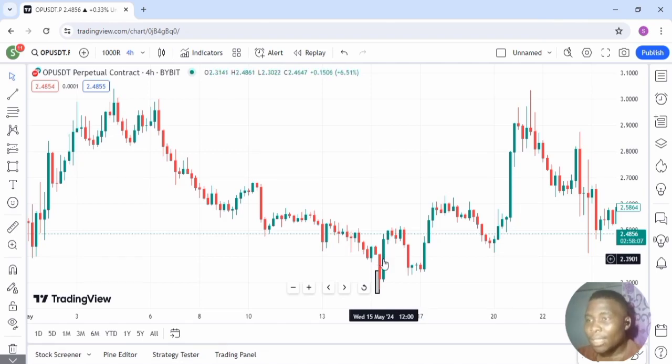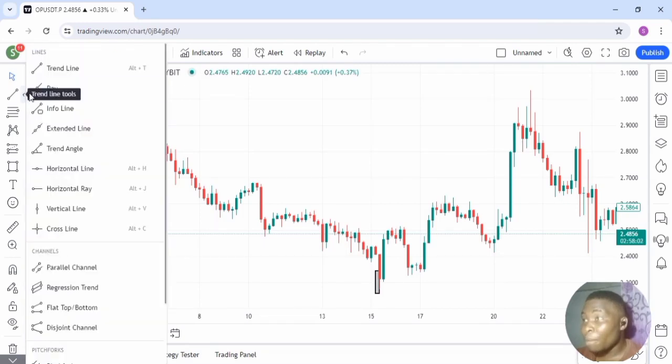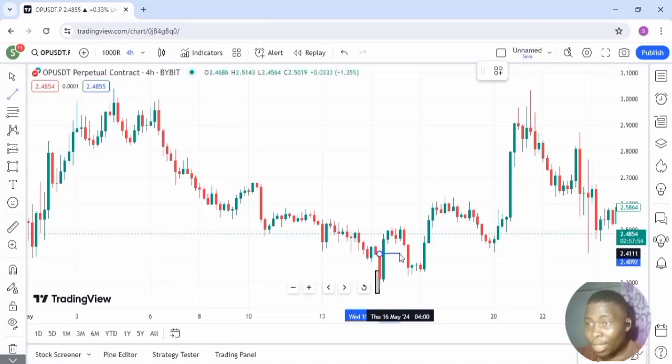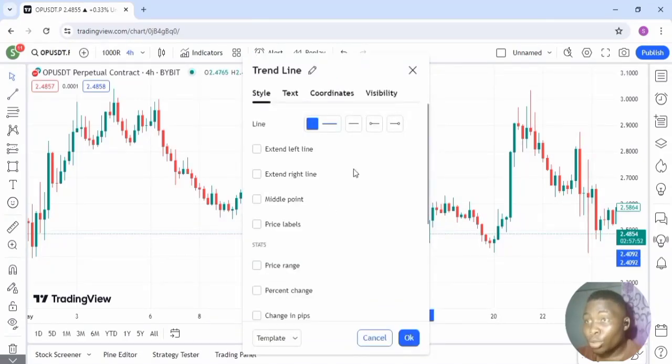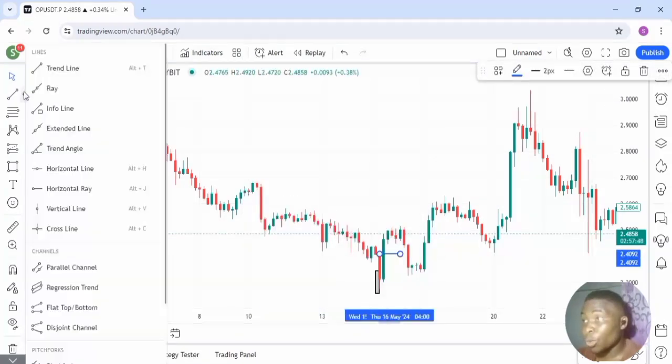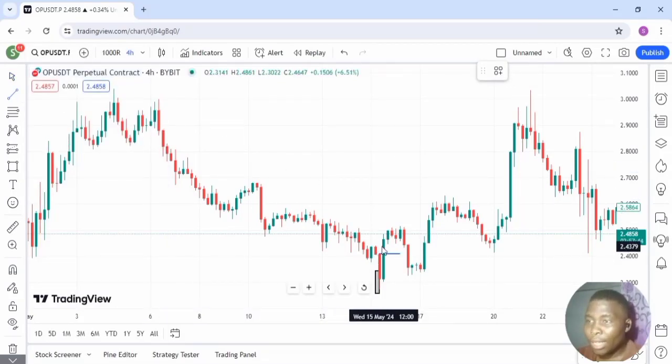Now let me draw and show you what a fair value gap is. Look at the height of this candle. I'm going to show you different types of them, not just one, but I will try as much as I can to show you different types.